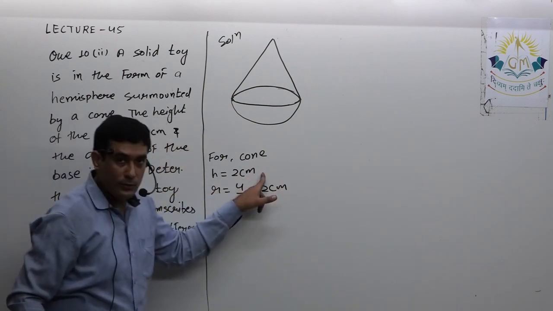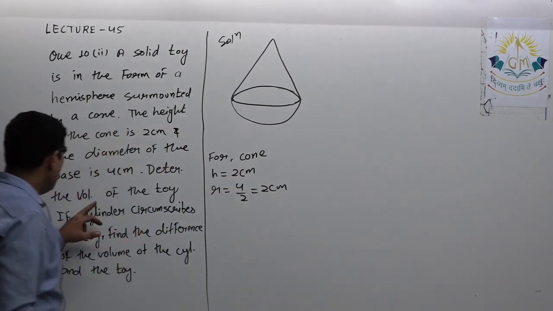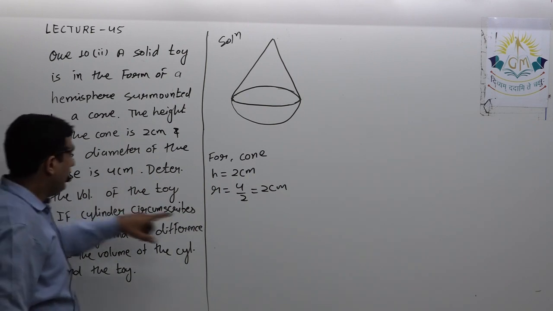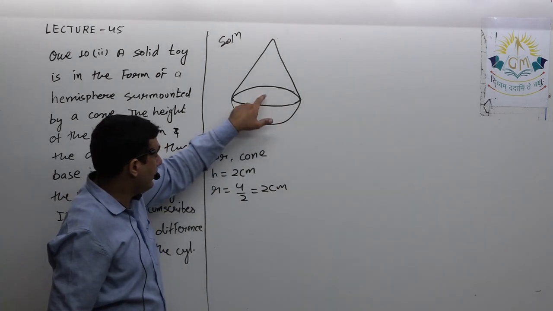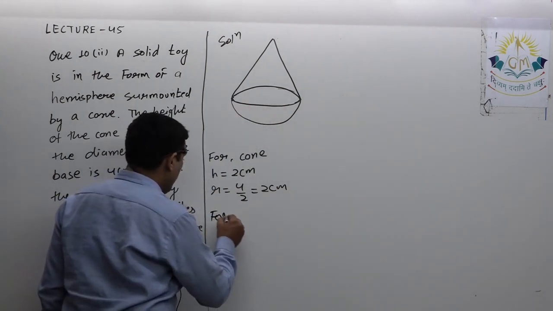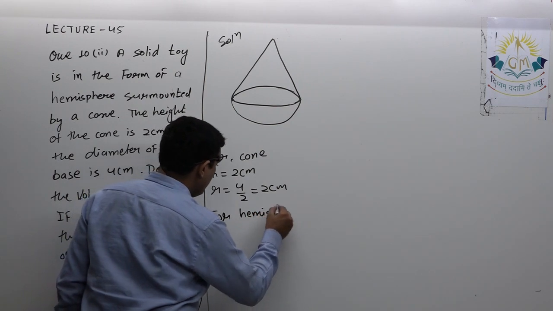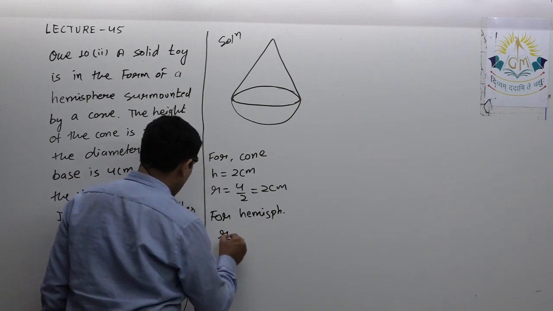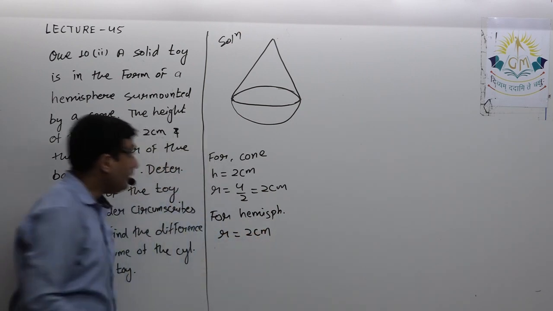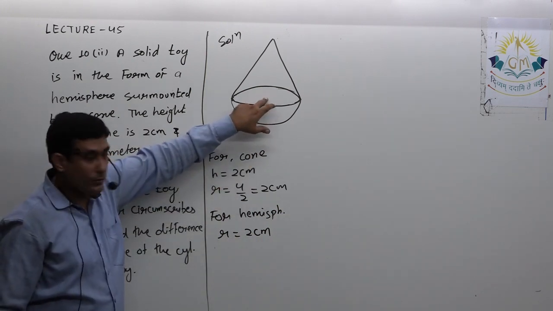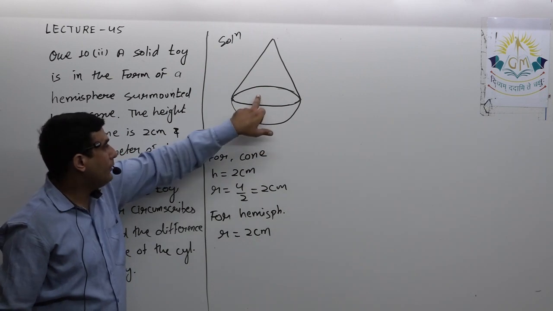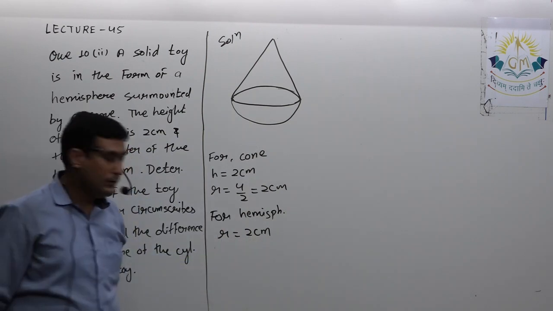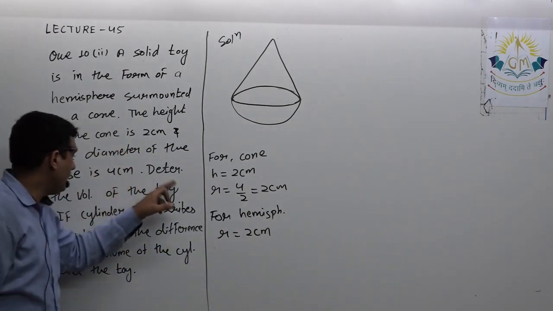For the hemisphere, the radius is 2 centimeter as well, because the diameter of the base is common for the cone as well as the hemisphere. Now we have to determine the volume of the toy.